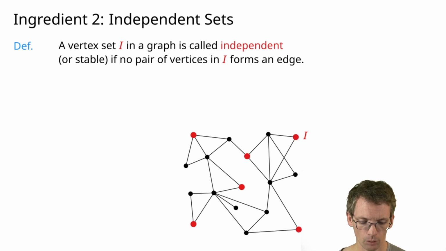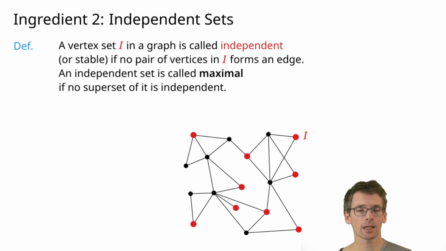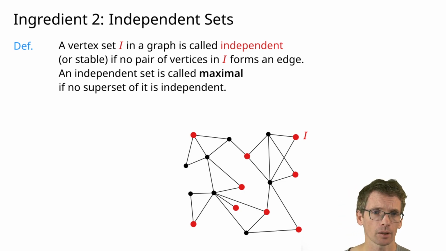And I can increase my set further and further until at some point any vertex that I would add would violate this property. And this is now a maximal independent set because I cannot add one more vertex and still have an independent set. It is not necessarily the maximum independent set, so there might be a larger one, but the observation here is simply that I cannot add any vertex to the given set.